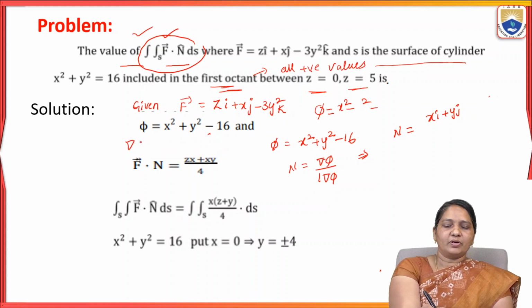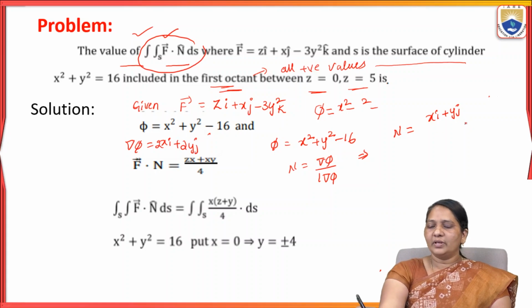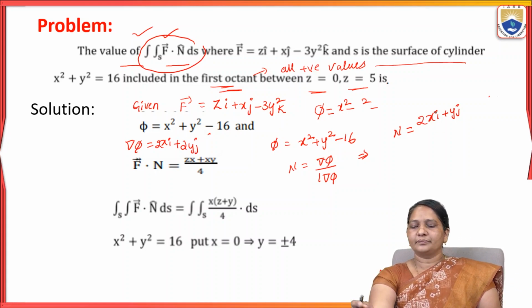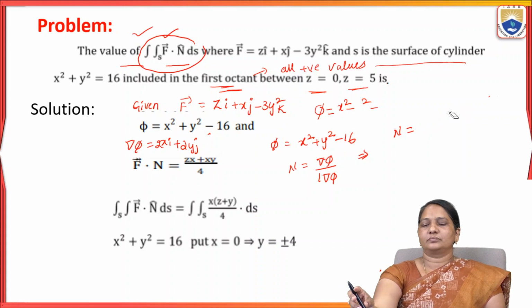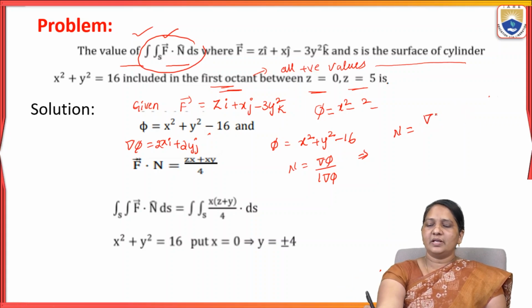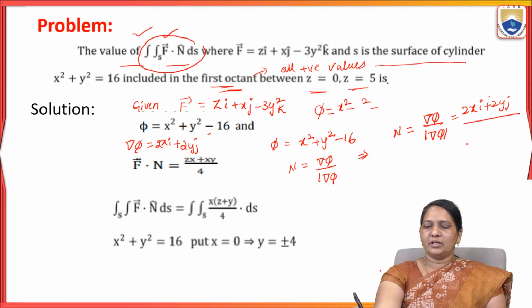So del phi equals 2x i plus 2y j. Now n equals del phi by the modulus of del phi. What is the del phi value? 2x i plus 2y j. So the modulus is the square root of, as I just explained and will explain again, 4x square plus 4y square.